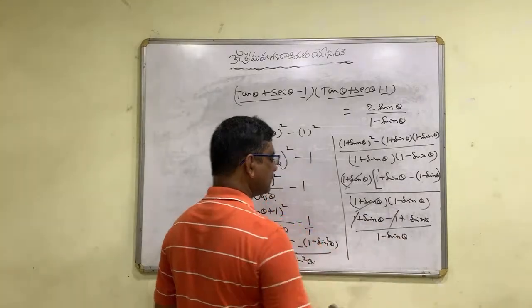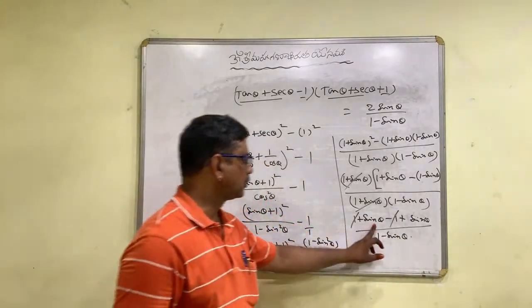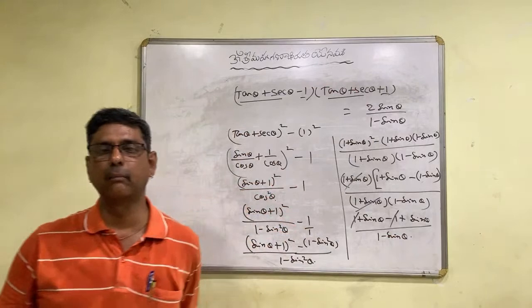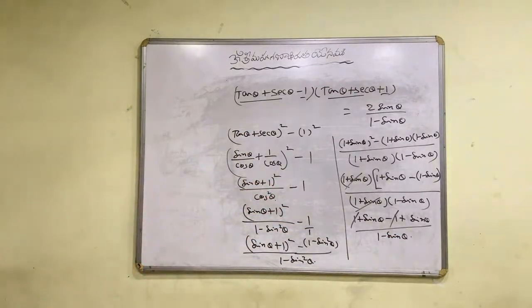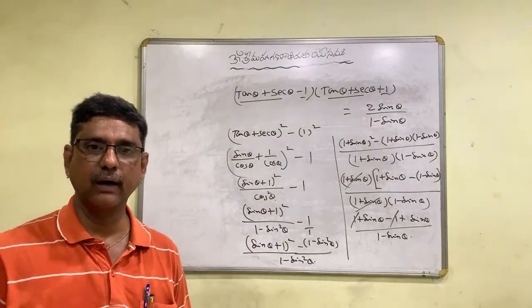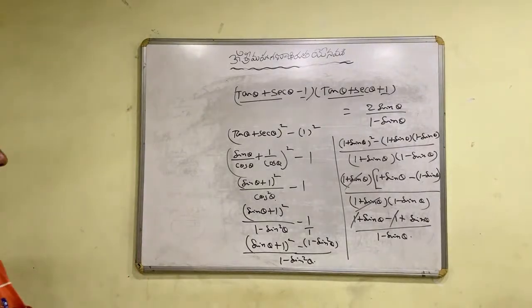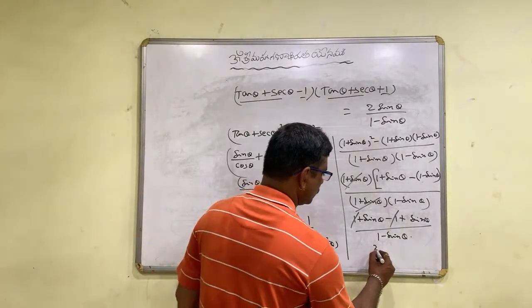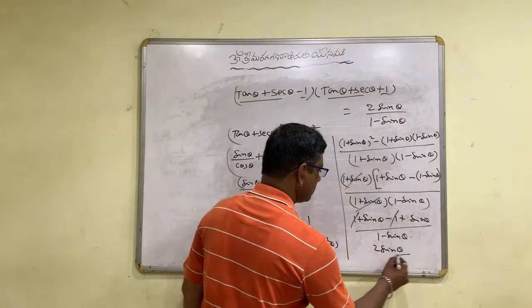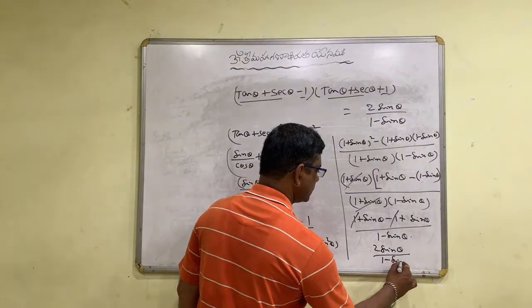So plus 1 minus 1 get cancelled. 2 sine theta by 1 minus sine theta. The result: 2 sine theta by 1 minus sine theta.